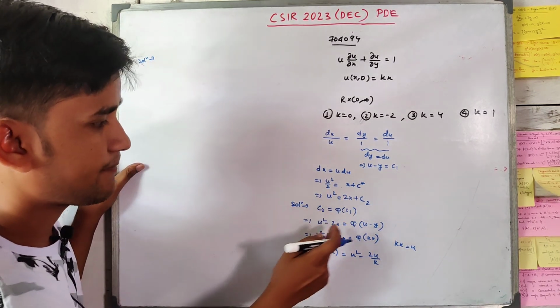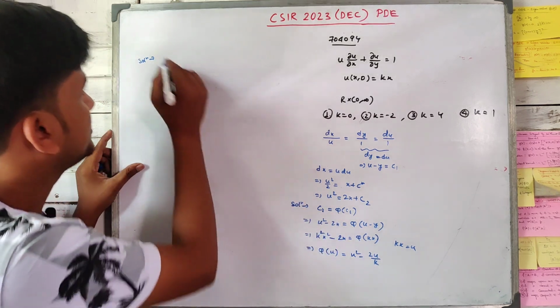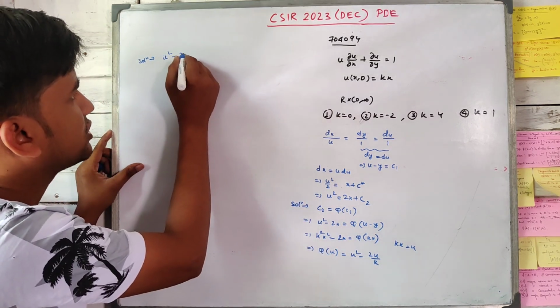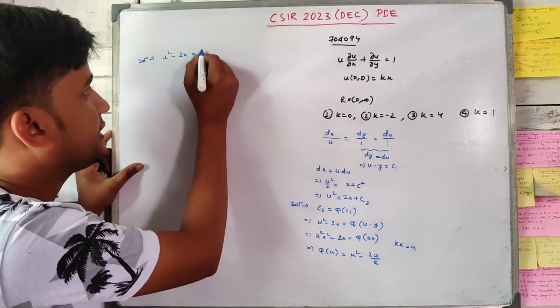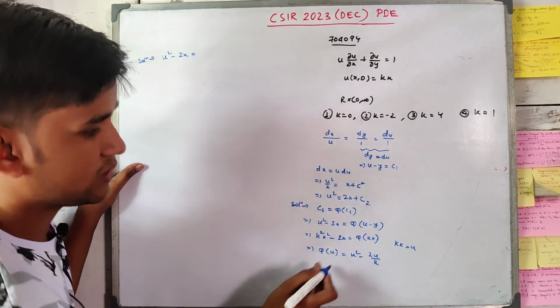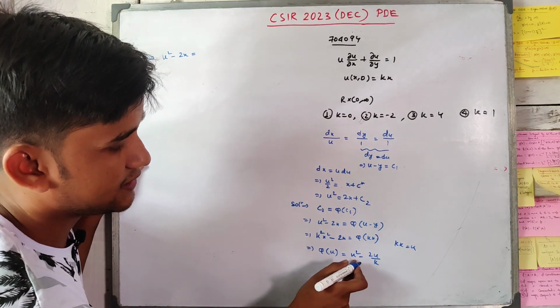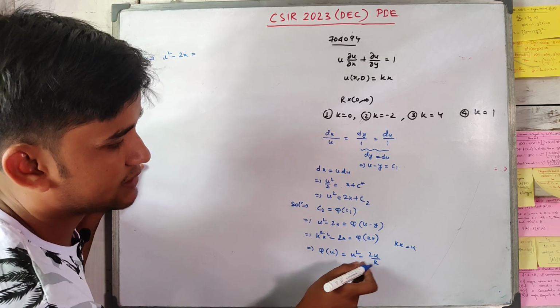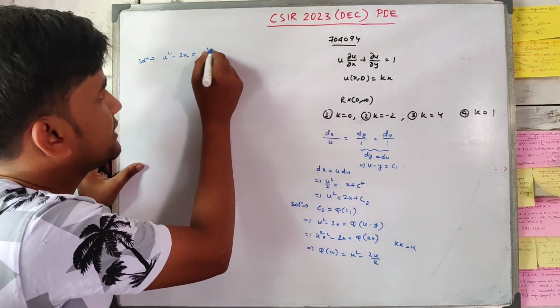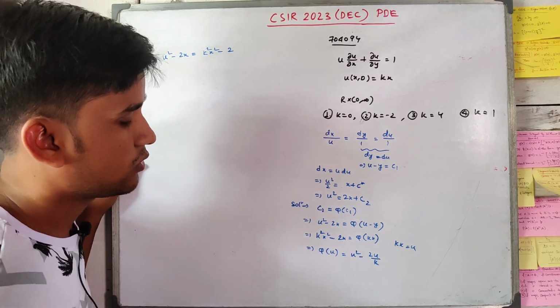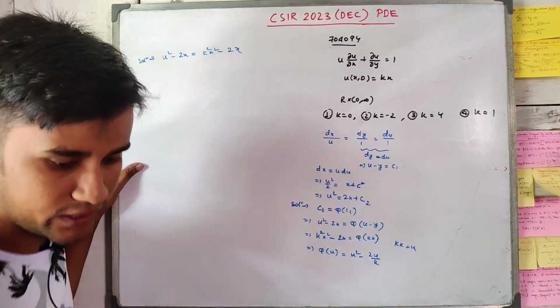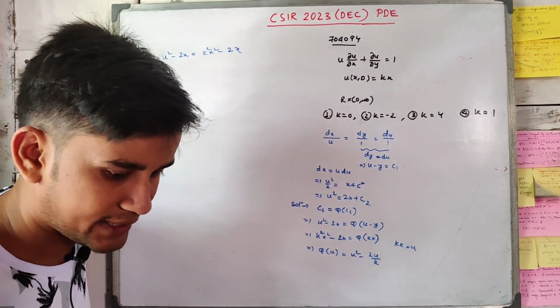This u square minus 2x is equal to phi of kx. Now again we write k. So phi of kx means what? If we put phi of kx, then u square means k square x square minus 2 into x only, k square x square minus kx.